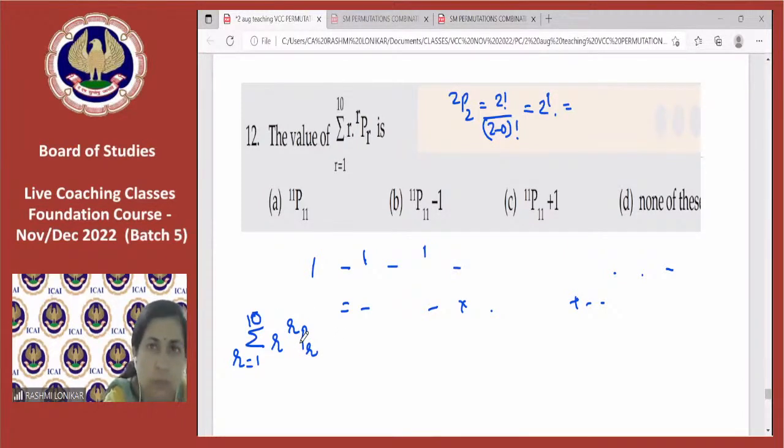Now what this means is, first I will put the value of r as 1. Then I will put it as 2, then 3. And till where will I go? This upper limit. What is the upper limit? 10.